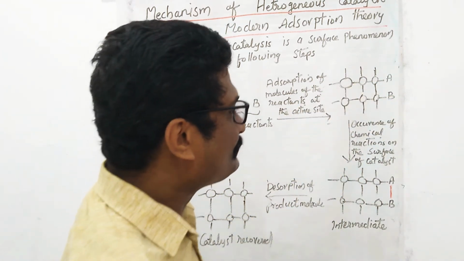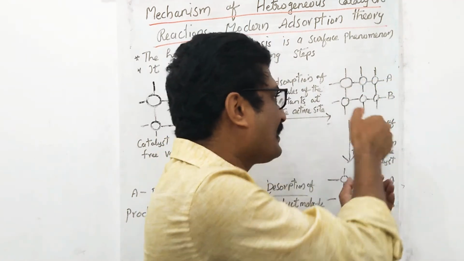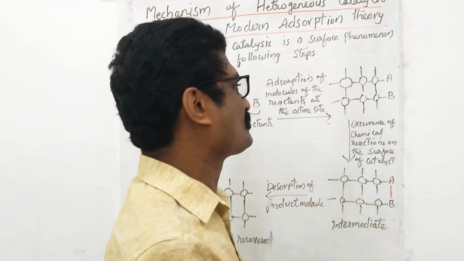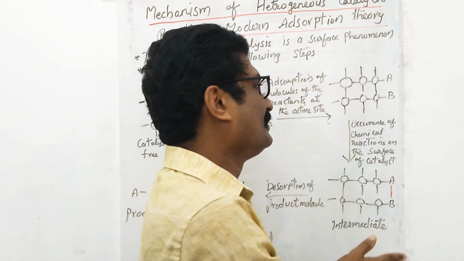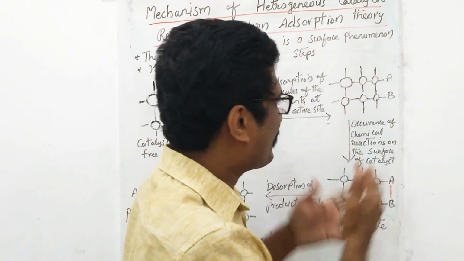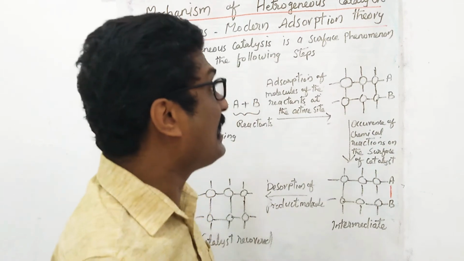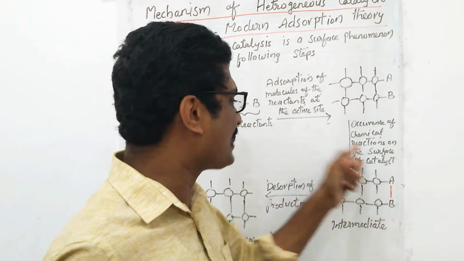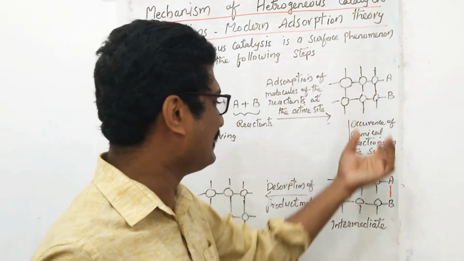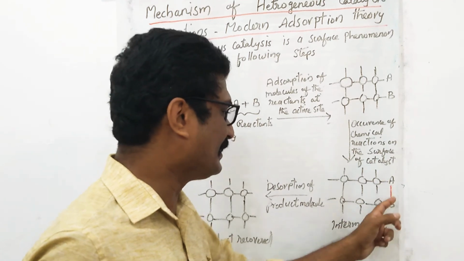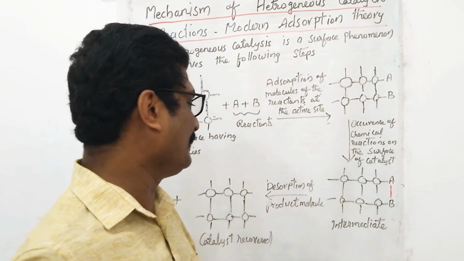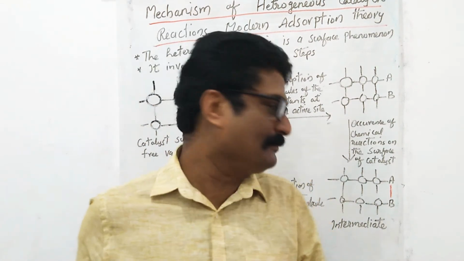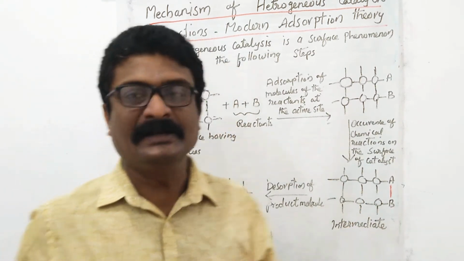Okay. Then here the third step: a chemical reaction takes place on the surface of a solid catalyst. Here the reactants A and B undergo chemical reaction. So a chemical bond is formed between A and B and the surface of the catalyst. This is the third step, occurrence of chemical reaction on the surface of the catalyst. Then here a bond is formed between A and B, and an intermediate is formed.